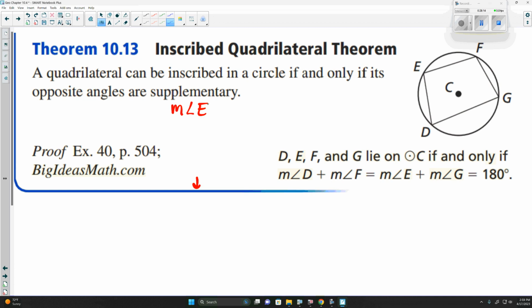If we look at this here, I'm going to write this up here. You can write it below, below this blue line. Measure of angle E is equal to half the measure of arc FGD. Okay? We good with saying this here, yes? Now the measure of angle G is equal to half of arc DEF.